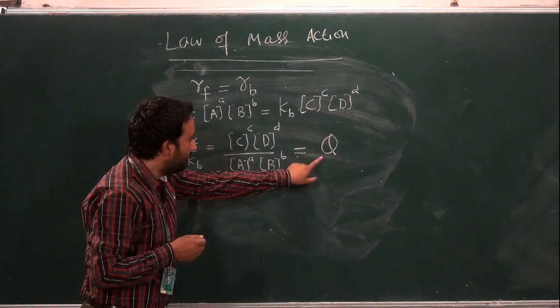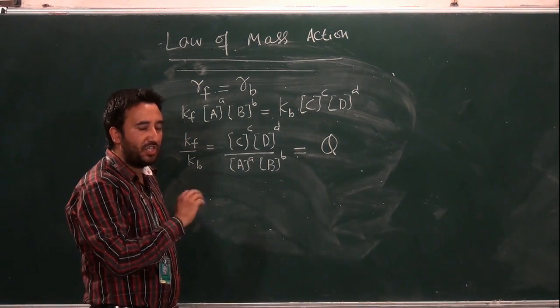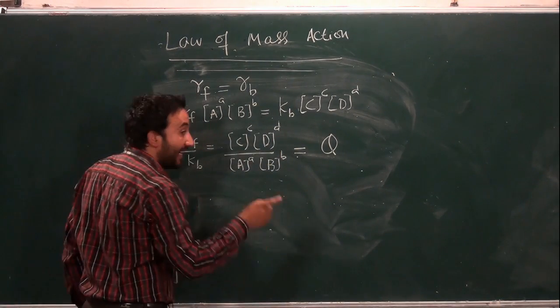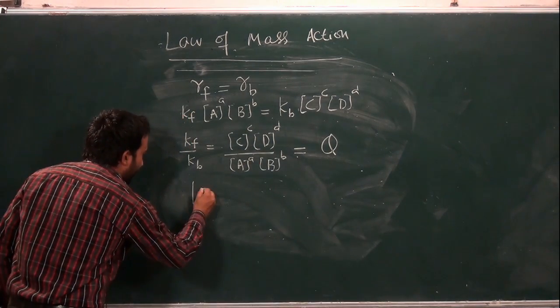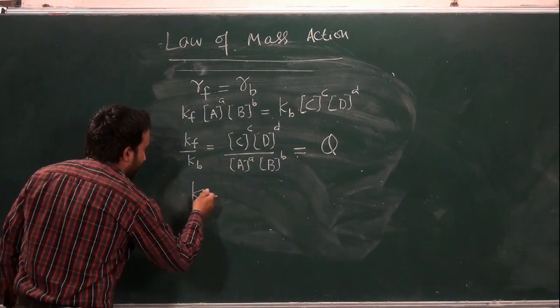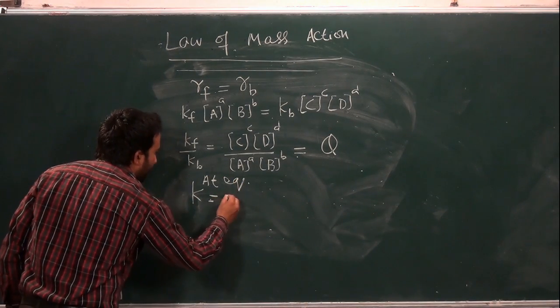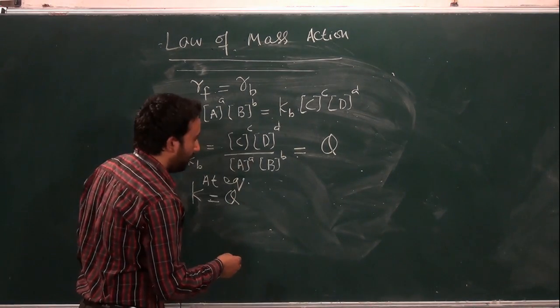This Q can be calculated from the reaction mixture at any stage, but at equilibrium this Q becomes equal to K, and that K is called the equilibrium constant. So at equilibrium we can write K is equal to Q, or Q is equal to K.